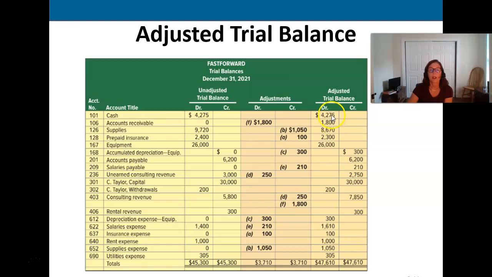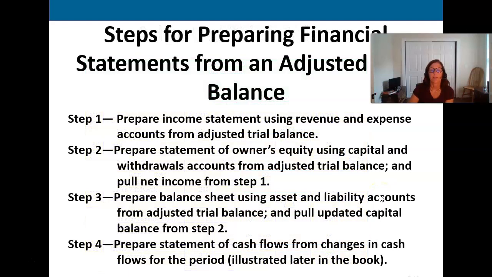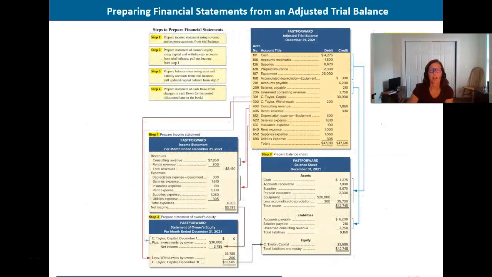Again, we've got assets, and then it moves down to our liabilities, and then we have our capital, withdrawals, revenue, and expenses. And we're going to just, again, as we did in the last chapter, prepare those financial statements, starting, of course, with the income statement.